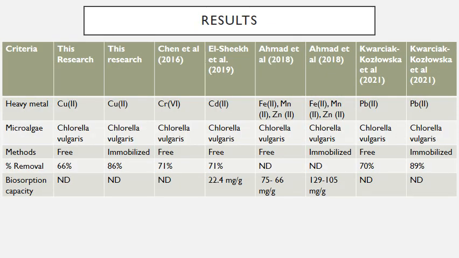So these are the results of our experiment, compared with other research results. We used copper, and the others, like Chen et al. in 2016, used chromium, and Elsek used cadmium, and Ahmad et al. used iron, manganese, and zinc, and Kwartia Kozlovska used another metal, lead.